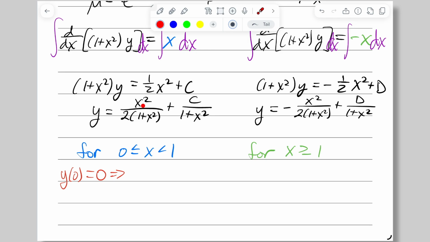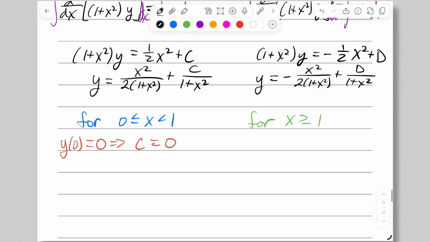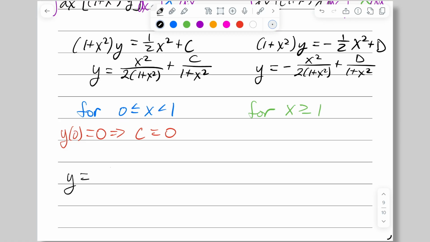And you can see that if x is equal to 0 and y is equal to 0, that gives us that c is equal to 0. So we have the solution y is equal to x squared over 2 times the quantity of 1 plus x squared, on the interval between 0 and 1 inclusive at 0.